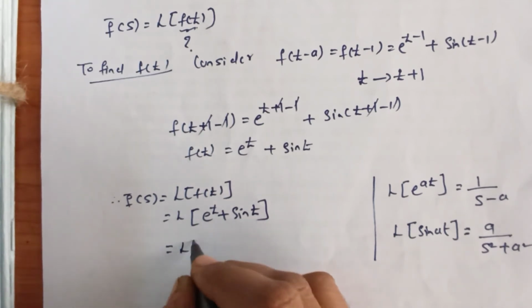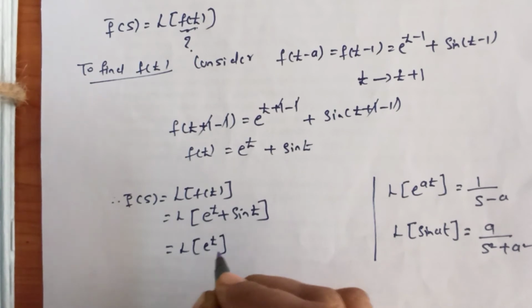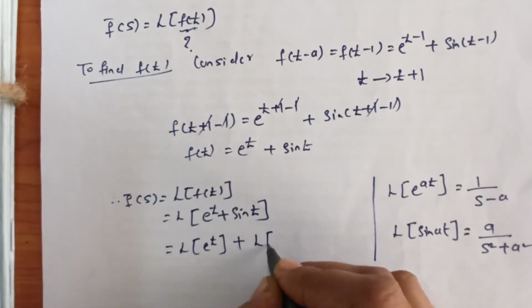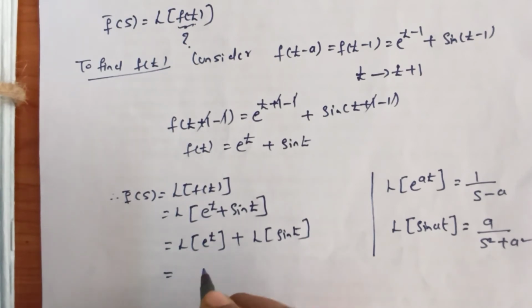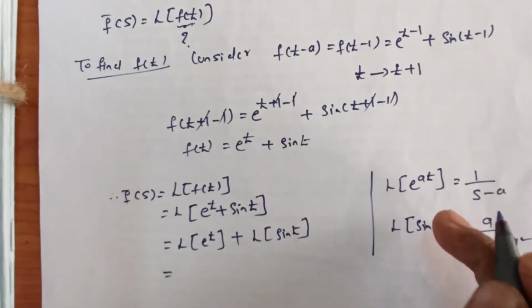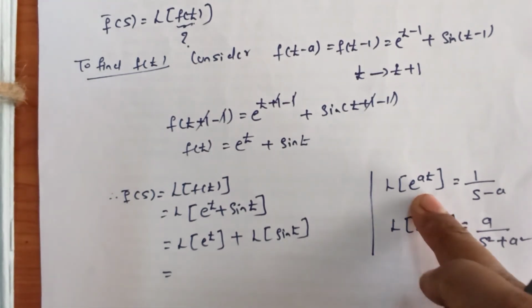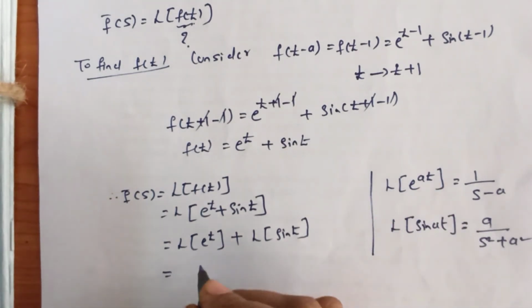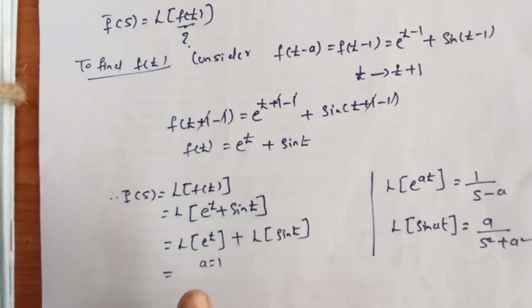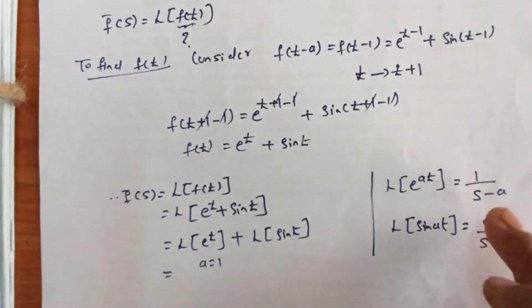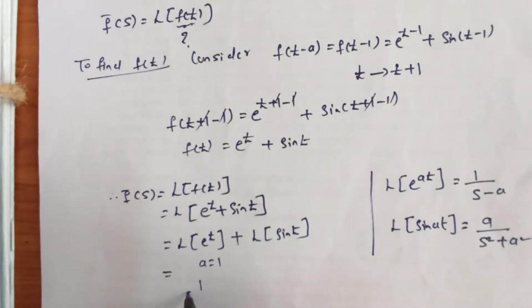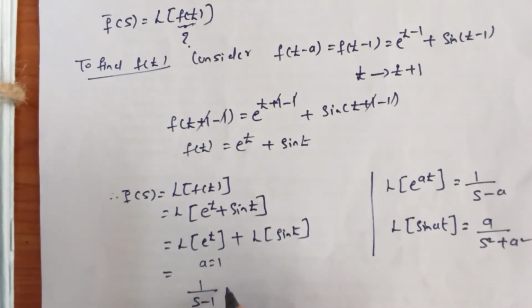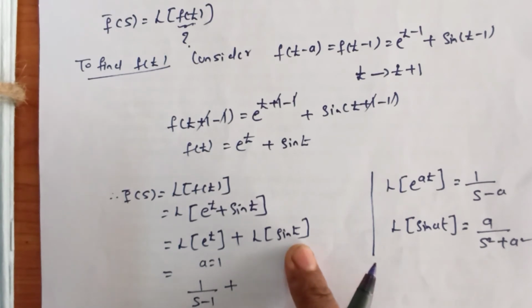Now let us split this function. We have to find the Laplace transform of e power of t separately and the Laplace transform of sine t. So for the Laplace transform of e power of t, if I compare this e power of t with the general form, I can clearly make out that a is equal to 1. Substituting a as 1, I get 1 by s minus 1, plus the Laplace transform of sine at.